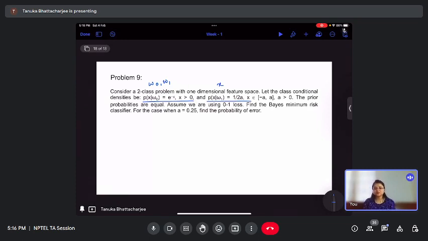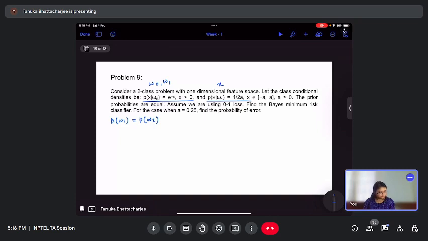The prior probabilities are equal. Assume we are using 0 1 loss. So, when you are correctly classifying you have no loss, when you are misclassifying you have 1 loss. Now, find the Bayes minimum risk classifier for this.